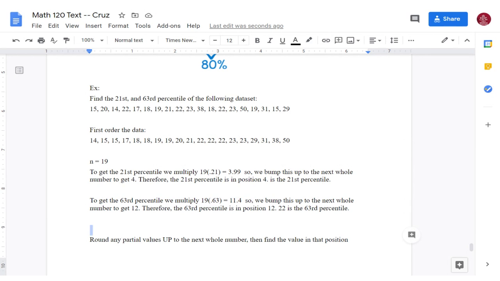So the key is once you do the multiplication by whatever percentile is written as a decimal, you bump it to the next whole number, and then in the sorted data, you just count that many over.